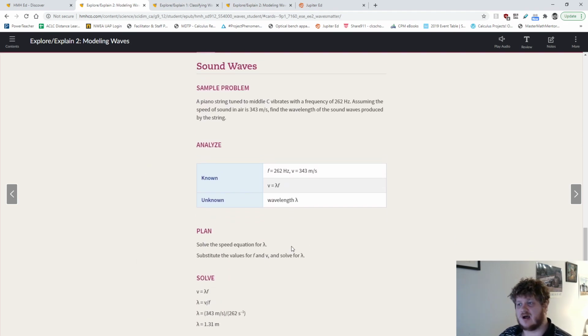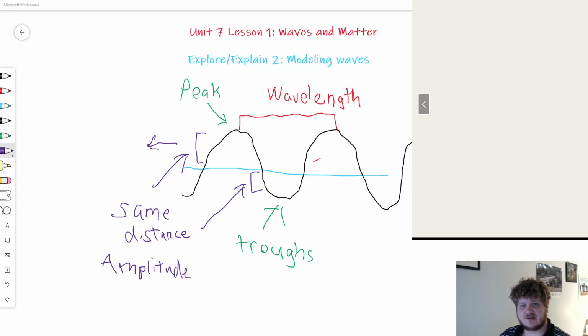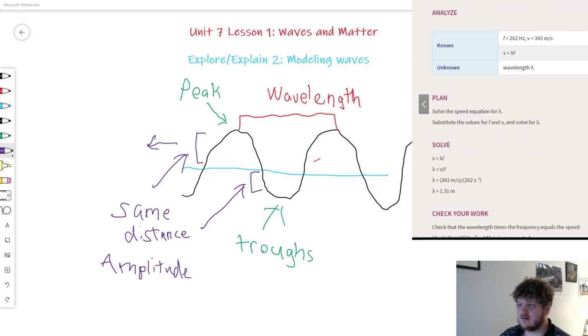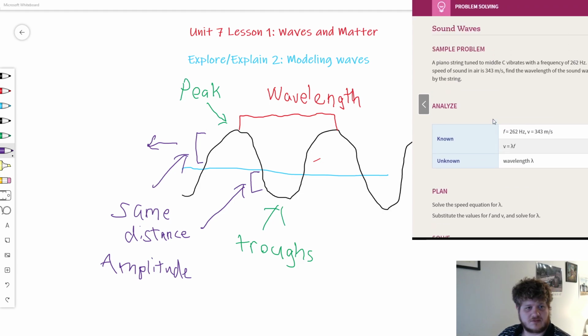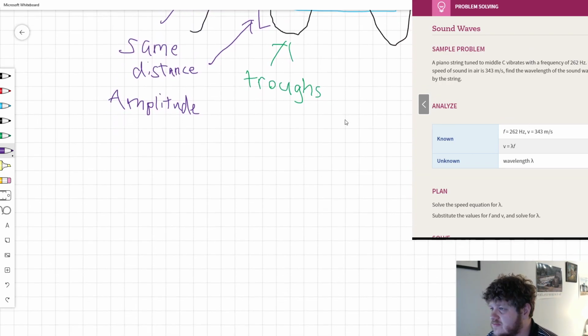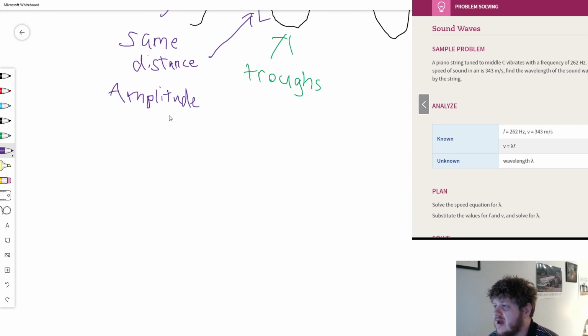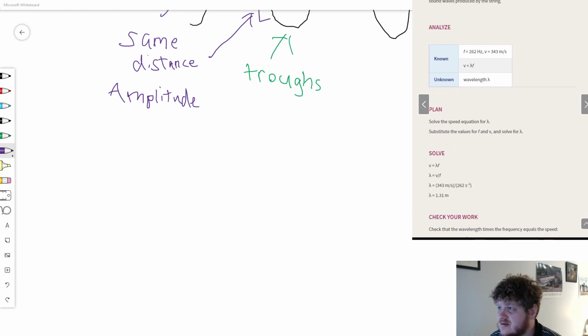So let me go ahead and pull up the whiteboard, and let me get this showing. All right. So with our sample problem, we have 2 things going on.